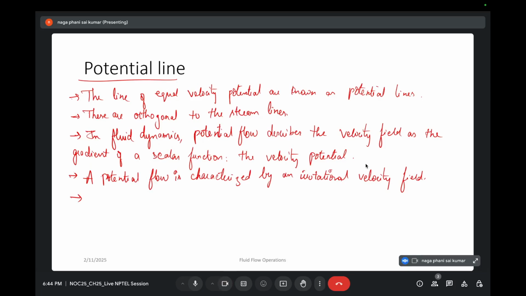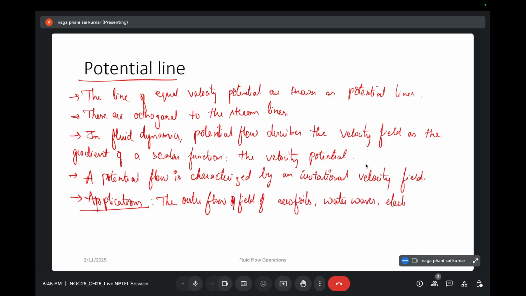So let me quickly write down the applications of potential flow. This is observed in the outer flow field of aerofoils and water waves, electroosmotic flow, and groundwater flow.